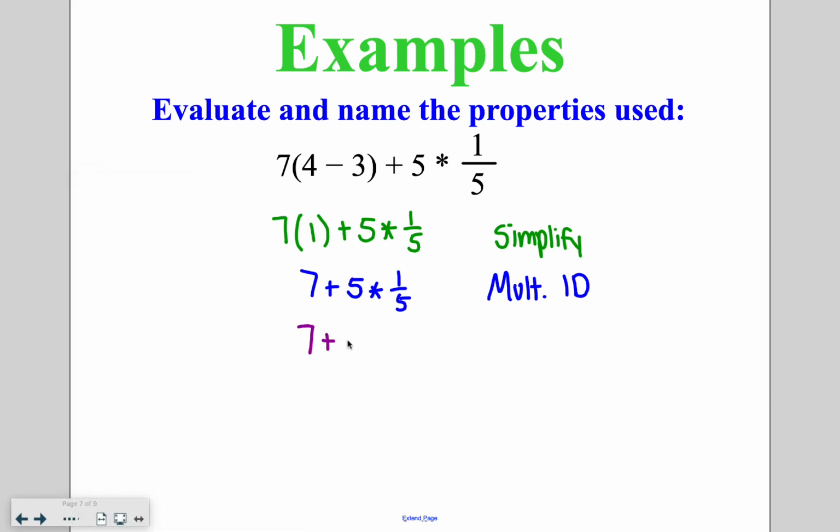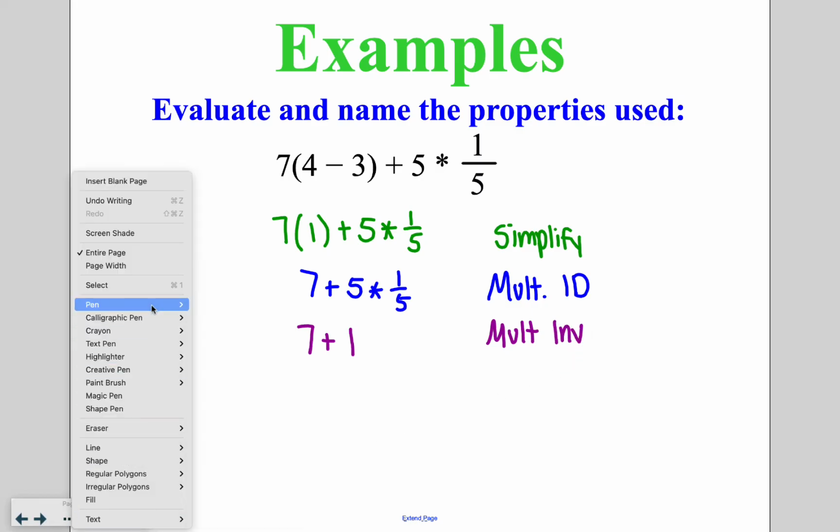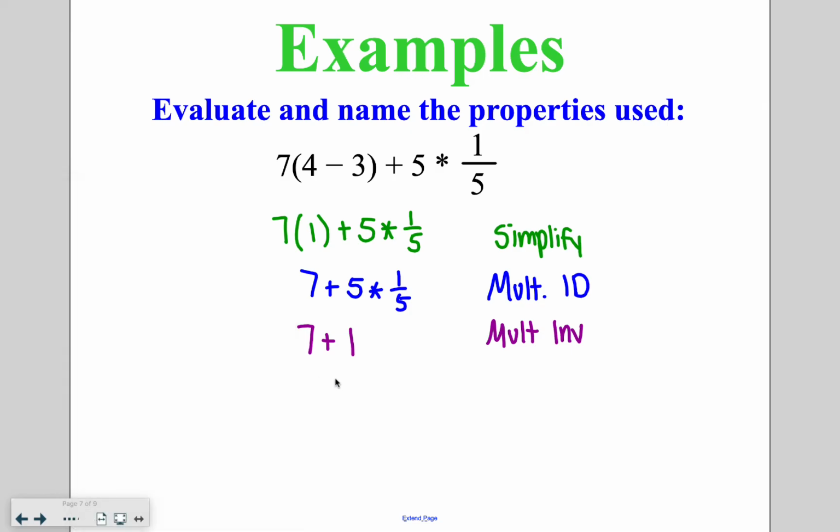And when I do that, I get an answer of 1. That is the multiplicative inverse, a number being multiplied by its inverse fraction. And then my final step here would be to do 7 plus 1. That's 8. There is no specific property for adding 1. So that again is just going to be simplifying.